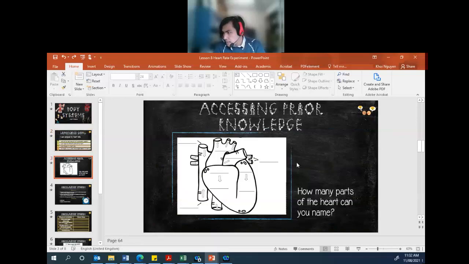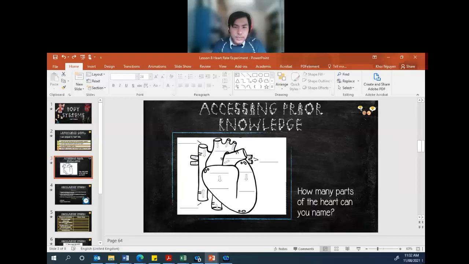So our APK, if you remember any part of the heart, I would like you to just type it in chat for me and see how many we can come up with. So any part of the heart there.